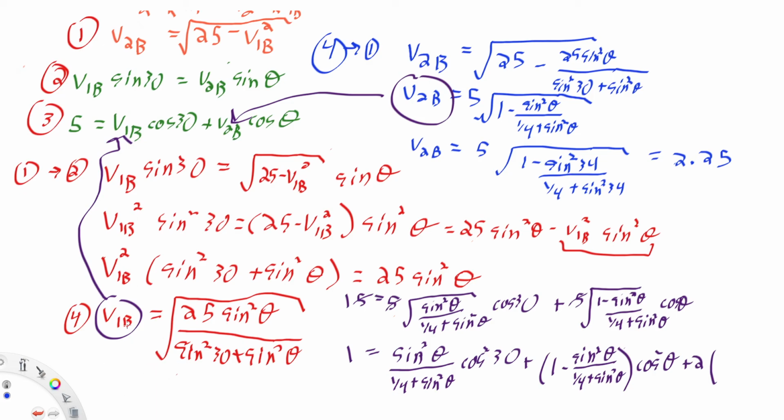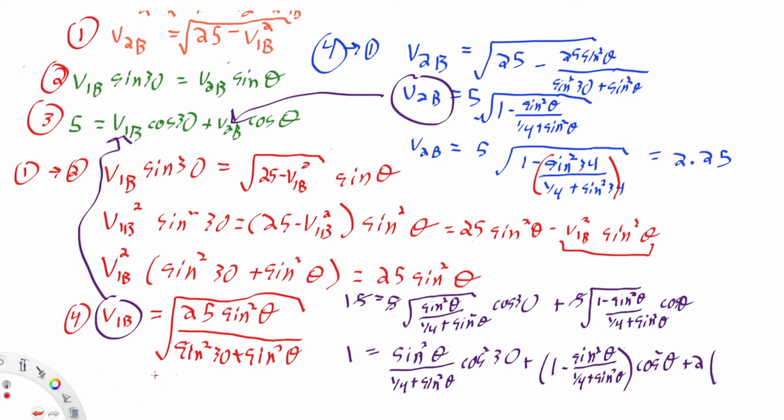We can do the same thing for V1B down here. Since we have V1B also only in terms of theta, again, this thing here is about 0.55. That's the same thing we have under the radical for V1B.